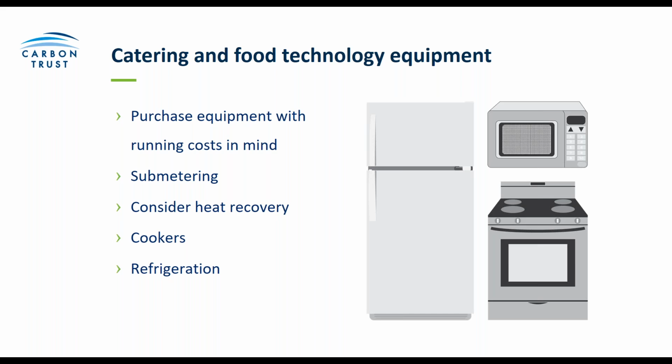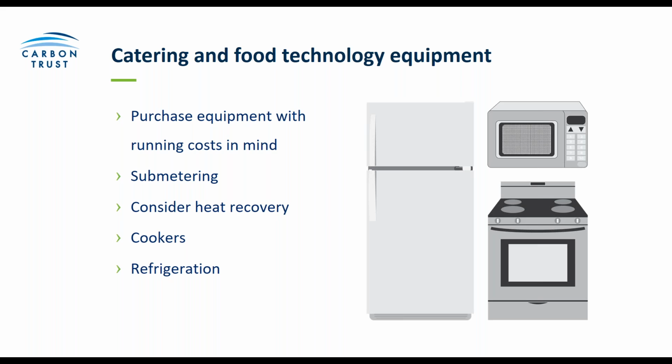Ovens and hobs also use relatively large amounts of power in a school kitchen, particularly if you are looking at a large secondary school, where we normally see cookers being used for 10 to 15 hours a week. So again, it's worth looking at the use of things like the ovens and hobs, and making sure that they are being used in the most efficient way, and whether these could potentially be upgraded to more efficient models.